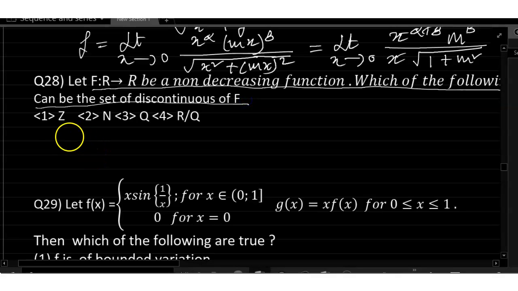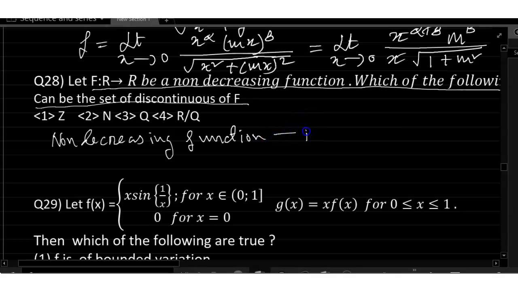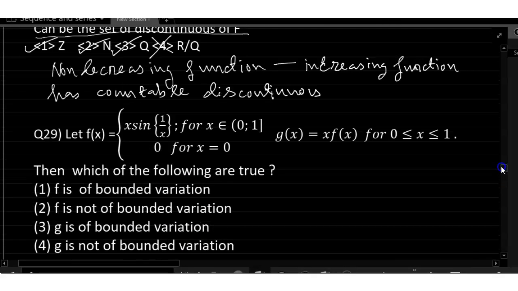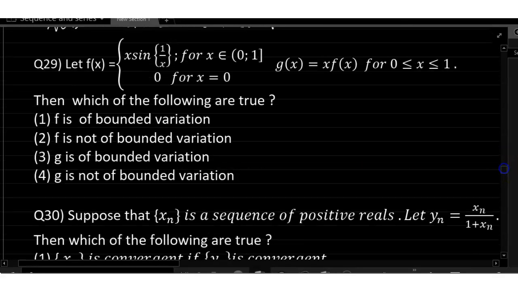So friends, a non-decreasing function is an increasing function, as it has countably many discontinuities. So option 1 is Z, option 2 is N, option 3 is Q as the discontinuities of f, and option 4 is no option.